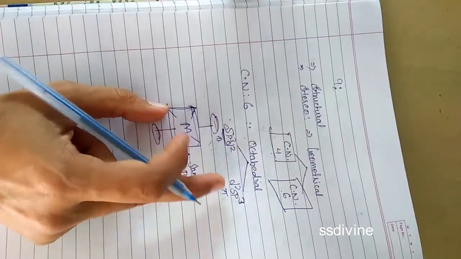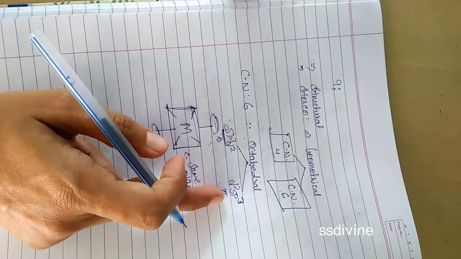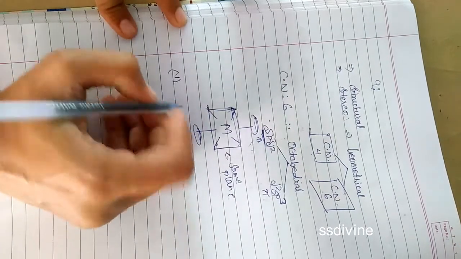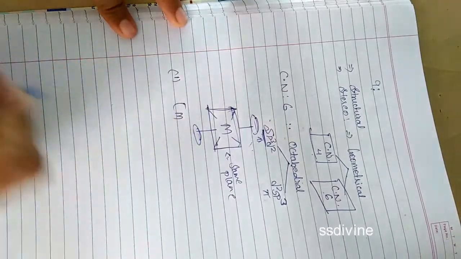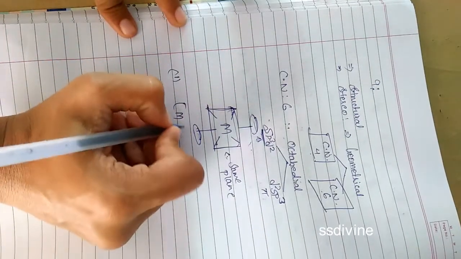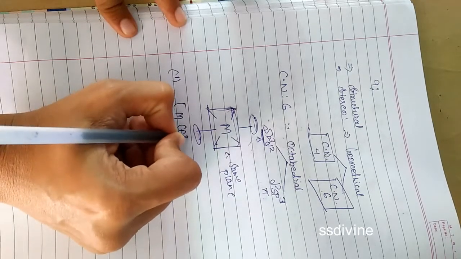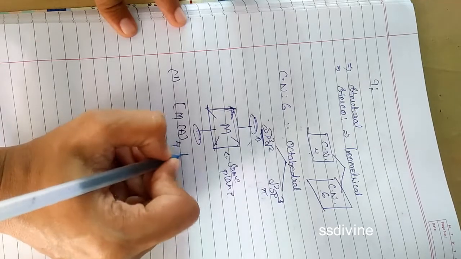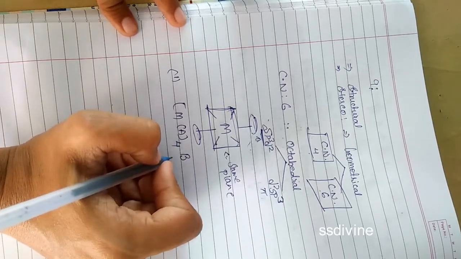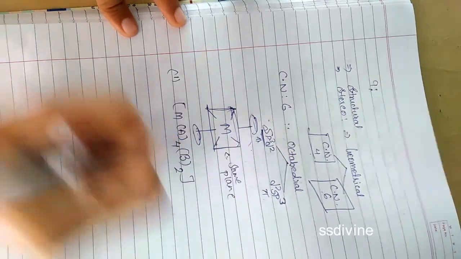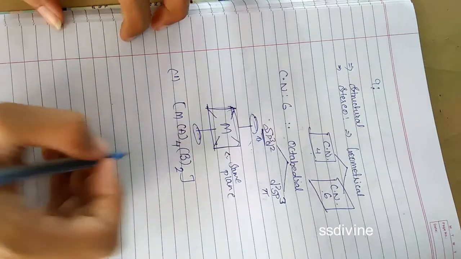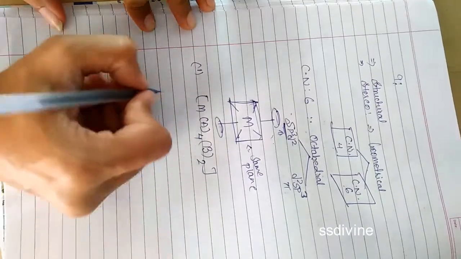And now we'll find the isomerism in this coordination number 6. If I am having the first example, that is, if you are having central metal atom M and one ligand, your A, is repeating 4 times, and another ligand, your B, is repeating 2 times, then we are supposed to find the isomerism in this complex.